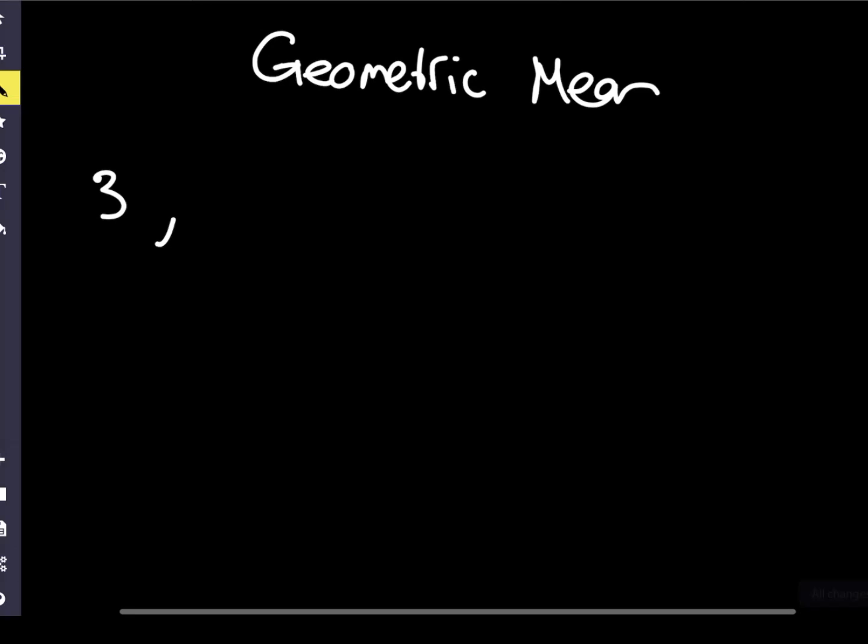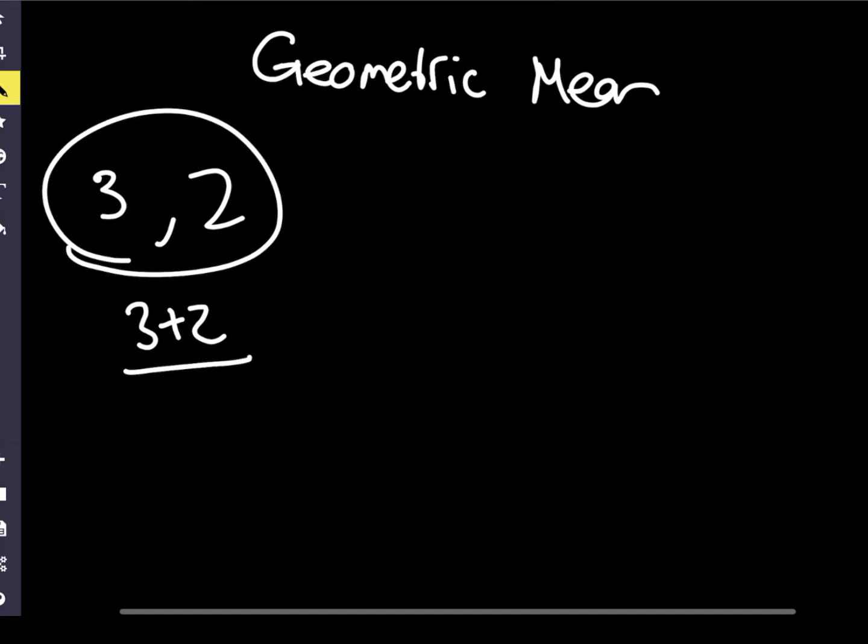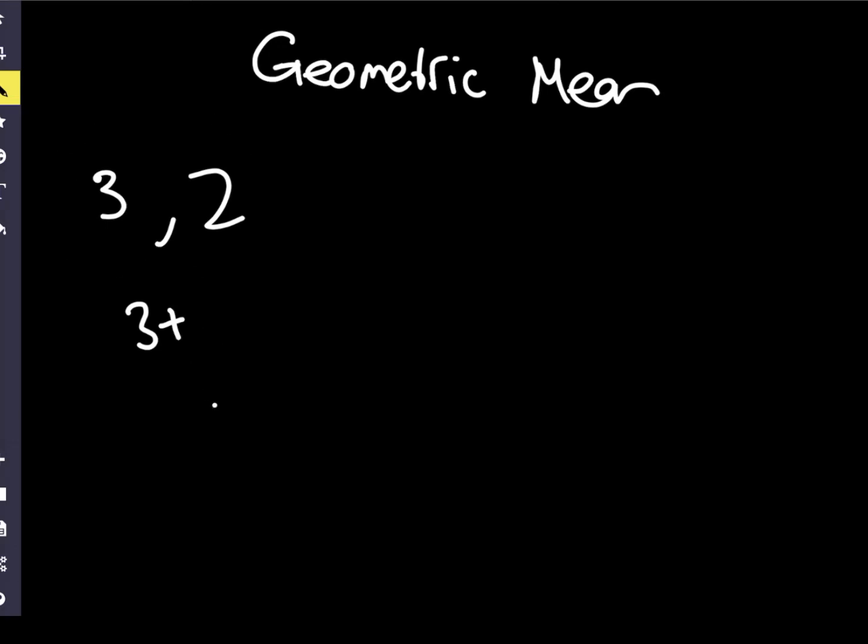So what is the geometric mean? You might have heard of the arithmetic mean. If you want to take 3 and 2 and find the arithmetic mean, this is just the average. You add these 2 up and divide by how many terms there are, which in this case is 2. Geometric mean is different.